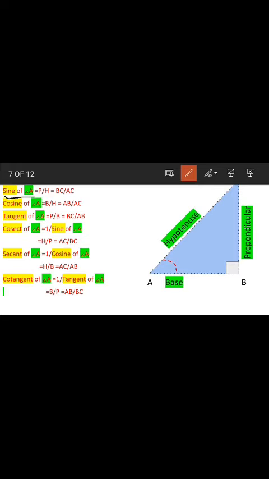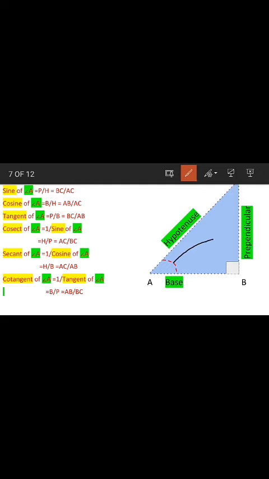Now always remember that sine of angle A is perpendicular upon hypotenuse. Here P stands for perpendicular, H stands for hypotenuse, and B stands for base. So sine of angle A is perpendicular upon hypotenuse. For the given angle A, can you find the perpendicular and hypotenuse? Yes, very good class.